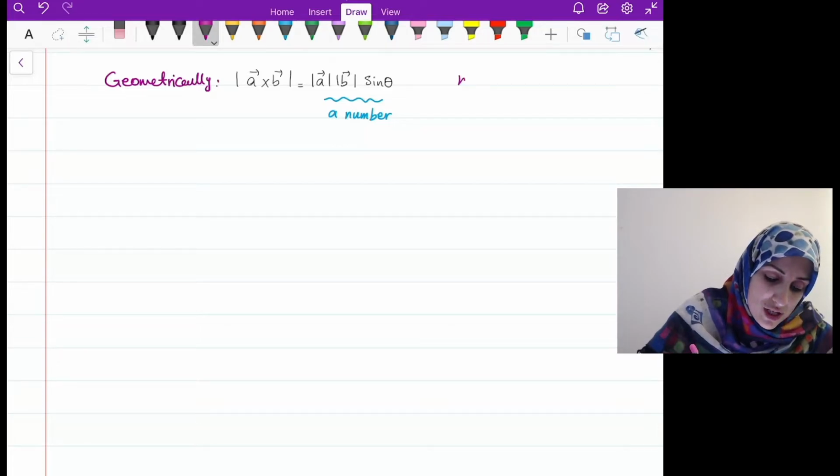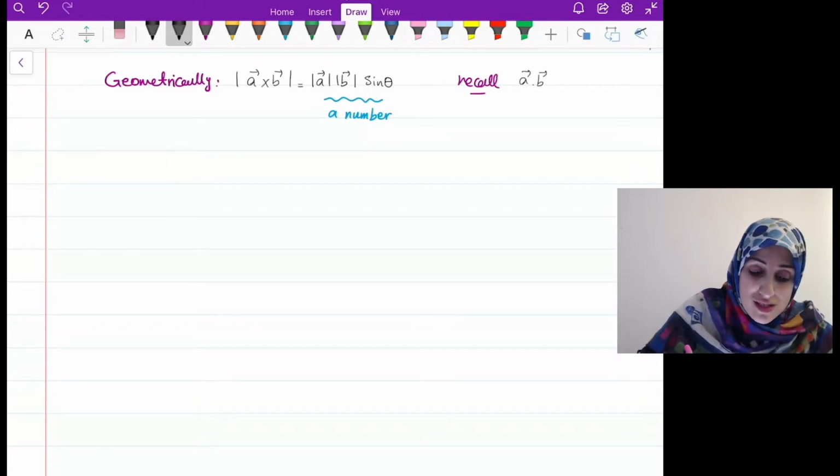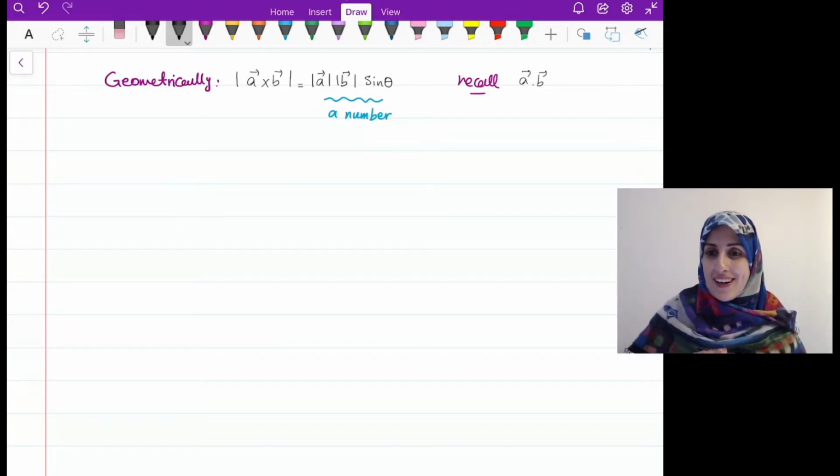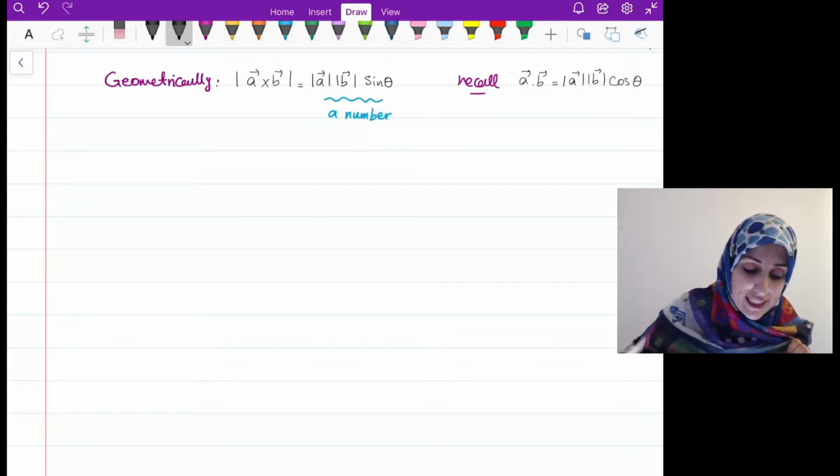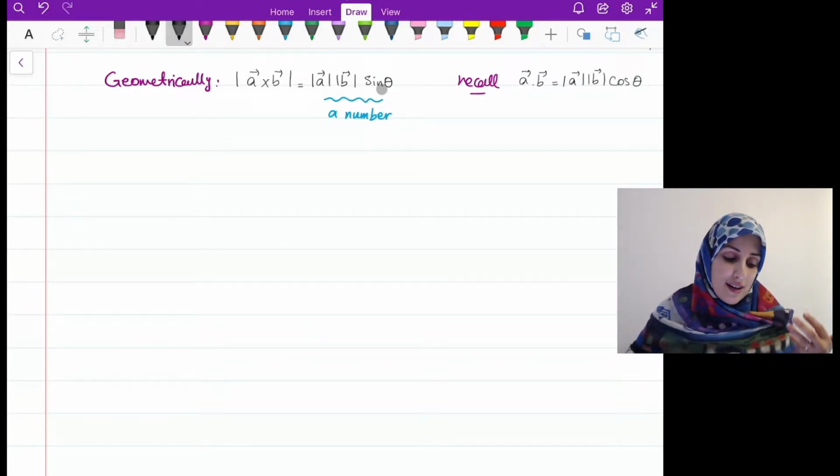Let me give you a small recall of the dot product. A dot B is just a number, so it doesn't have a length. The dot product is the length of A, the length of B, and then cosine theta. That's the difference between the cross and the dot product.